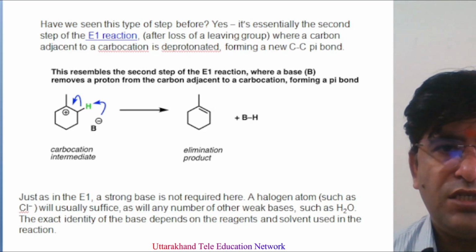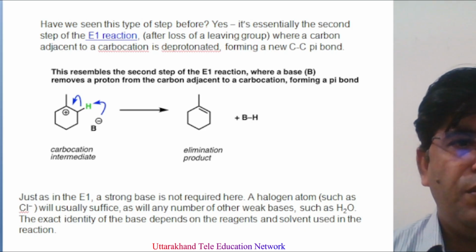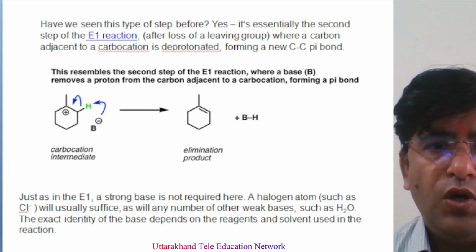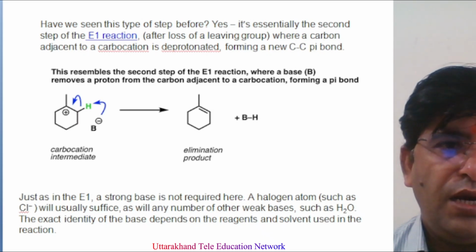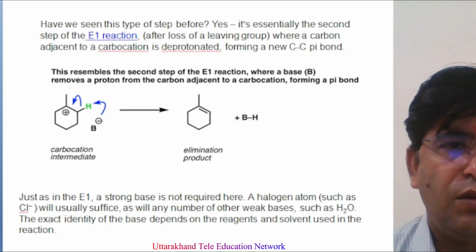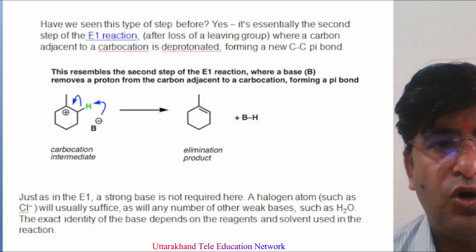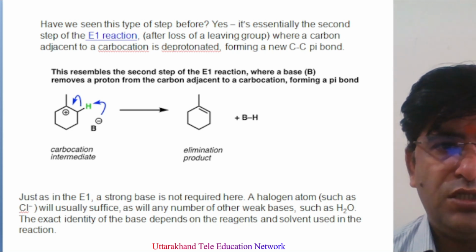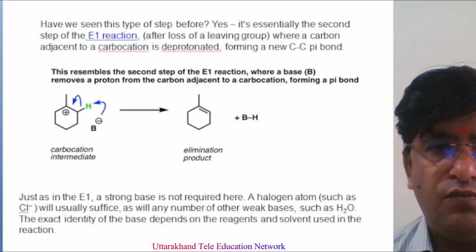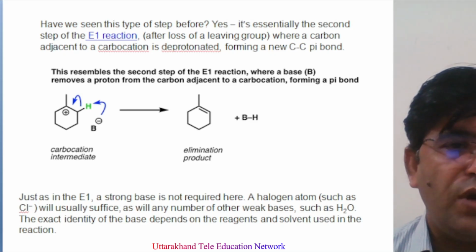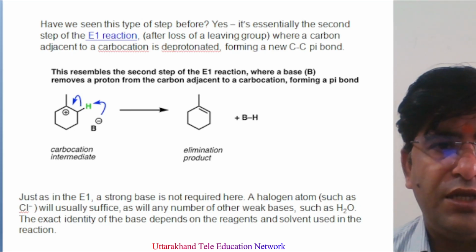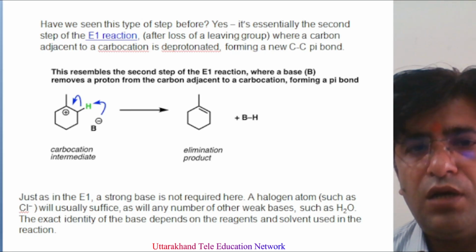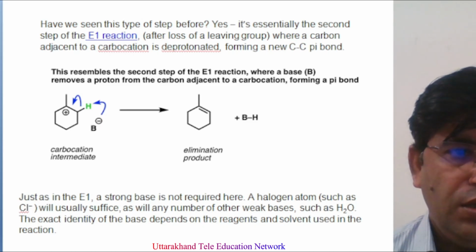It is essentially the second step of the E1 reaction, that is an elimination reaction, after loss of the leaving group, where a carbon adjacent to the carbocation is deprotonated to form a new C=C pi bond. This resembles the second step of the E1 reaction, where a base B removes a proton from the carbon adjacent to the carbocation, forming a pi bond.